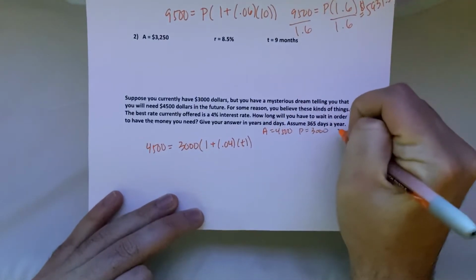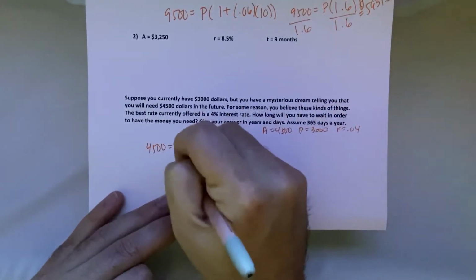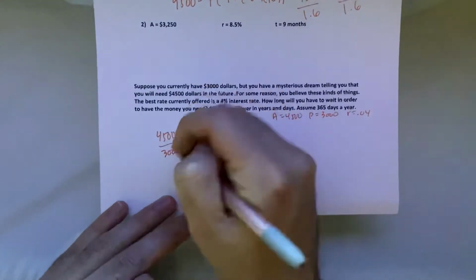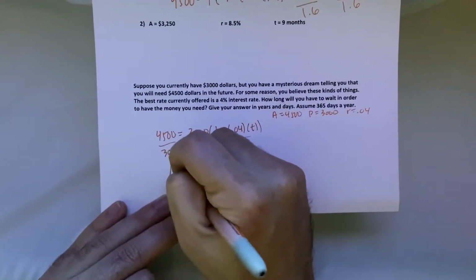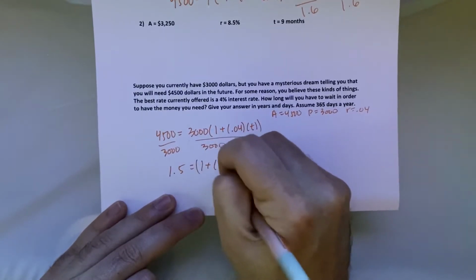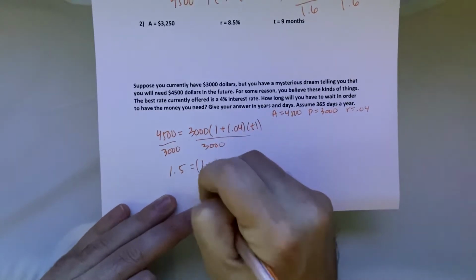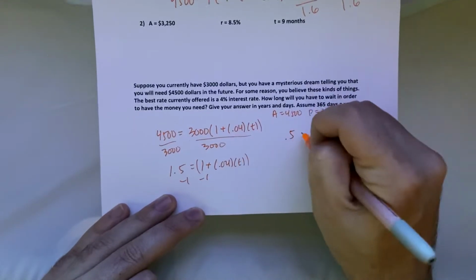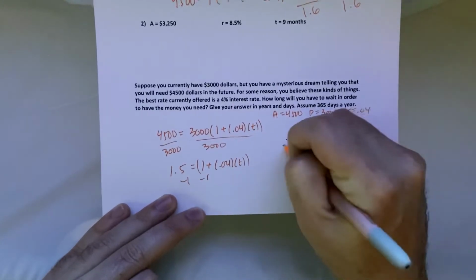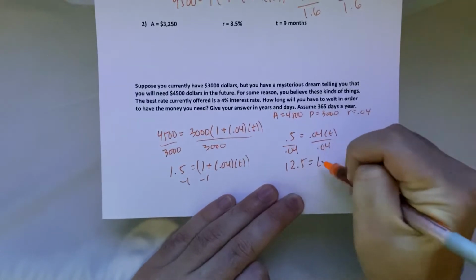So the question is, I need to solve for T. Divide by 3,000. 4,500 divided by 3,000 is 1.5 equals 1 plus 0.04 times T. Subtract the 1. So 0.5 equals 0.04 times T. Divide by 0.04. And you should get 12.5 equals T.